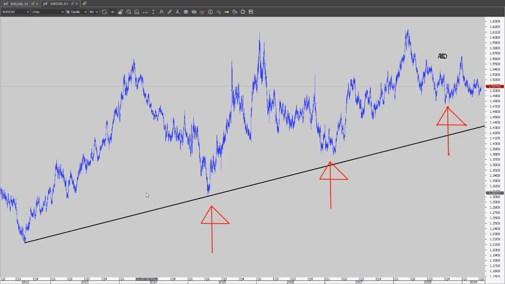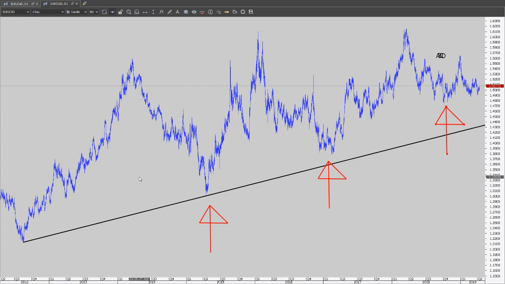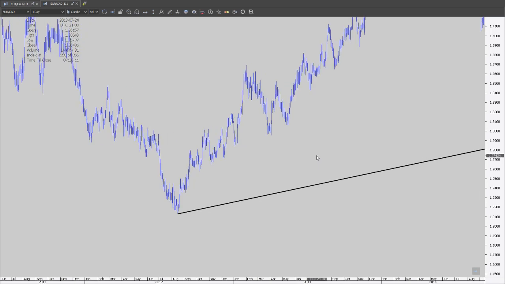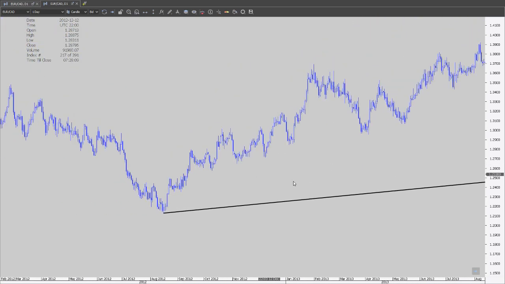You shouldn't start there because you don't know if the Fibonacci was broken. If you're a beginner, follow the rules, start where you should start.